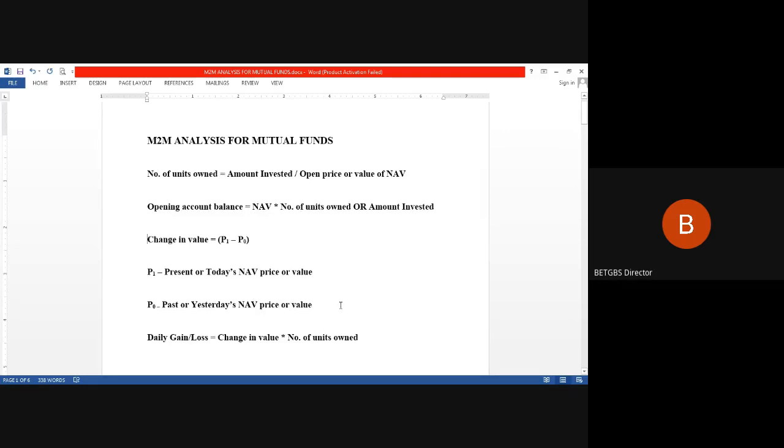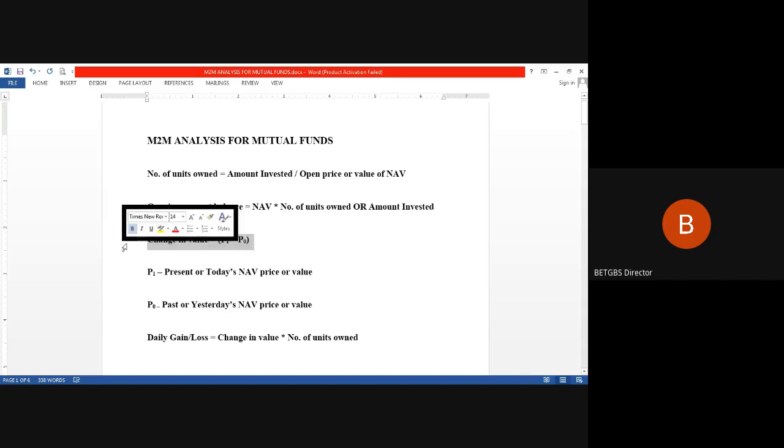Now what is important is the change in value, and it is done on a daily, successive basis. Change in value is nothing but the difference between the present value of NAV minus the past or yesterday's value of your NAV. It is something like the future price today and the future price yesterday, based upon those successive changes in the price.